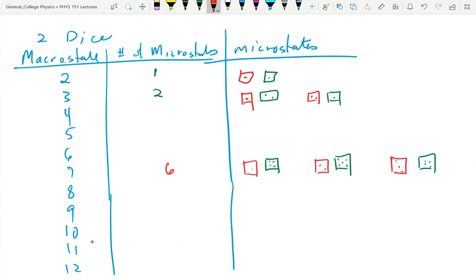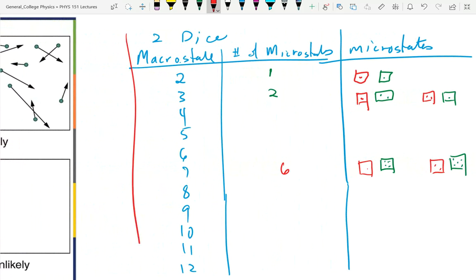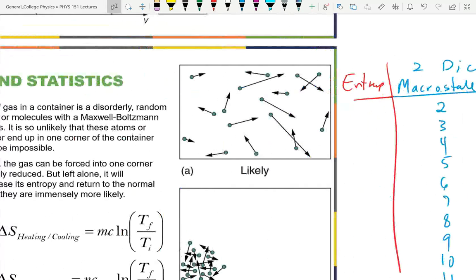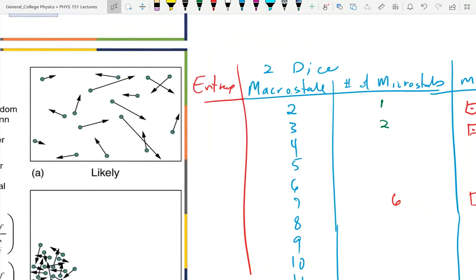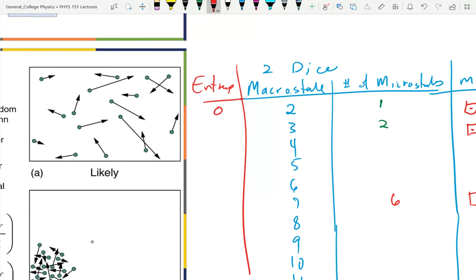Now, if we want to calculate the entropy, what's the natural log of 1? This is the only natural log that I expect you to actually have memorized. 0. So the natural log of 1 is 0, hence your entropy. Remember right here, S is equal to k natural log of omega, which is 0. For 3, it's going to be k natural log of 2.